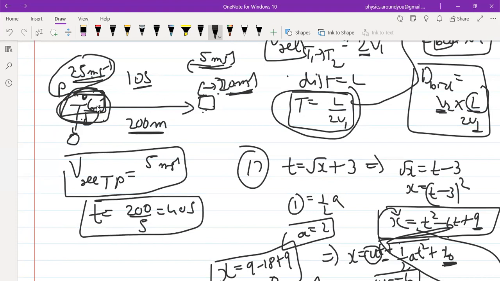So what's the time in which the police will catch the thief? 40 seconds. But that's not it. How far did the police travel in this time? Now, that can't be solved by relative velocity because in relative velocity, we have actually fixed the police. The police is actually moving, but we have made him fixed. So how would I calculate the distance moved by the police in this time?